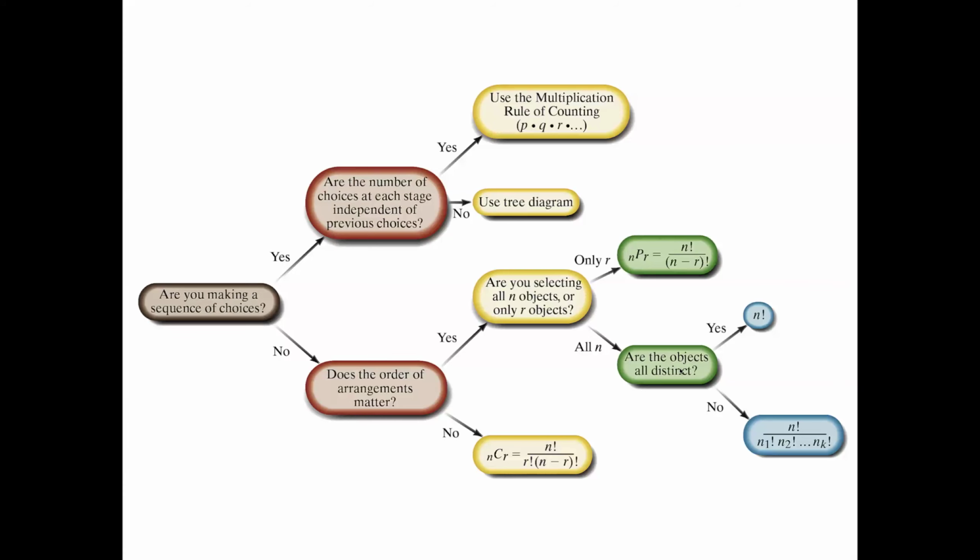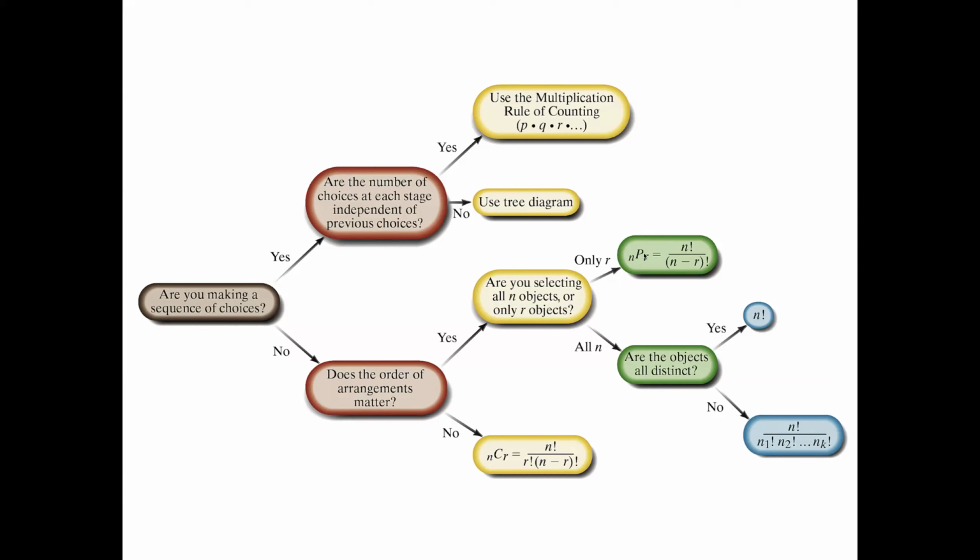If all the objects are distinct and you're selecting all n objects and the order matters, then we're going to do the factorial problem. This is the problem of choosing the number of different ways the salesperson can travel through 7 different campuses.